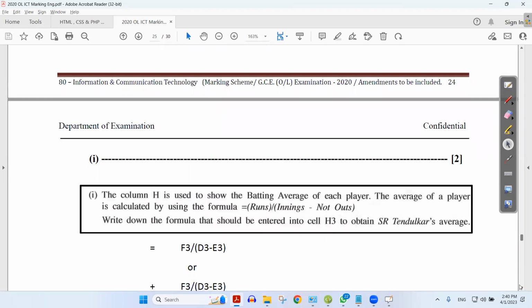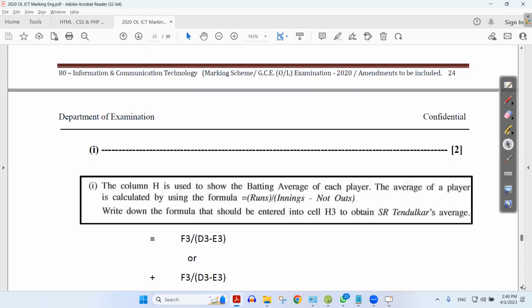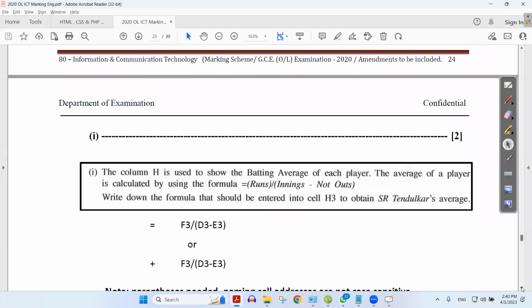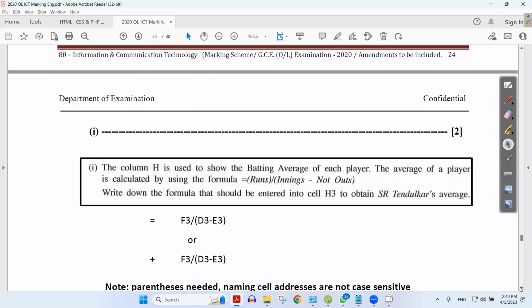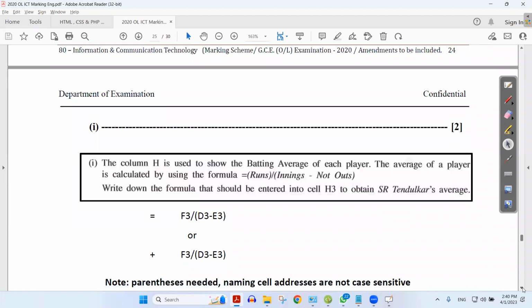It says equal F3 divided by, within brackets, D3 minus E3. In the marking scheme, they have shown another way of writing it using the plus sign, but it's better we stick to the equal sign. So 2 marks if you have done this correctly.